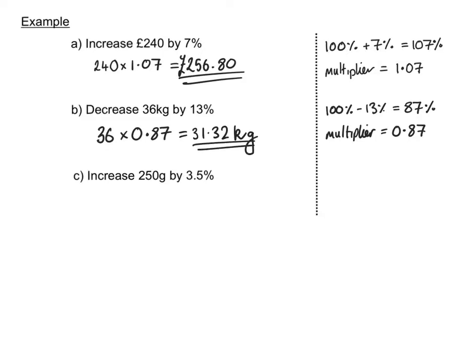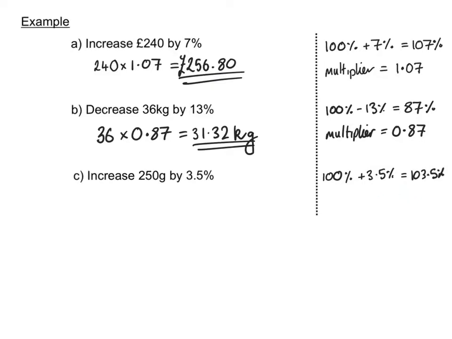Same process we're going to use for part C here. This time it's an increase of 3.5% to 250 grams. Again, always go to 100% as your starting point. So I've got 100% to start off with, and I want to increase by 3.5%, so we're going to add on 3.5% to that. That's going to give me 100 plus 3.5, which is 103.5%.